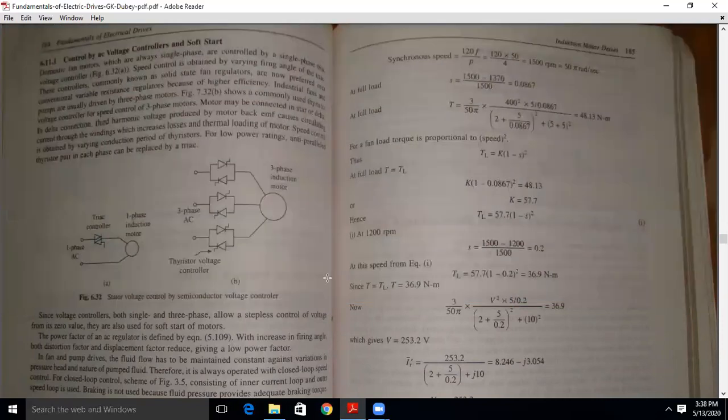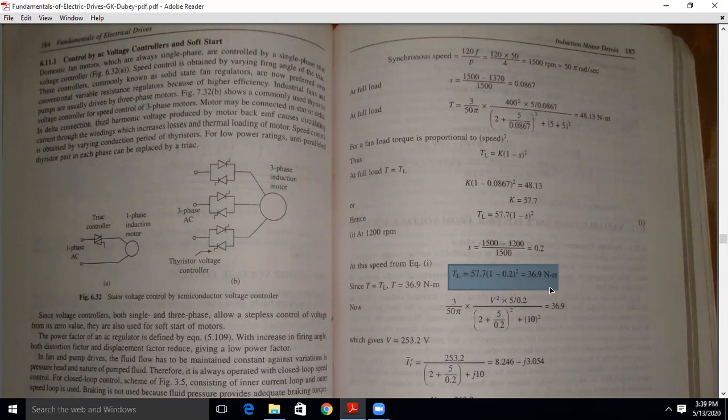At this 1200 speed and this slip, TL is 57.7 times (1 minus 0.2) square, so it is around 36.9 Newton meter.